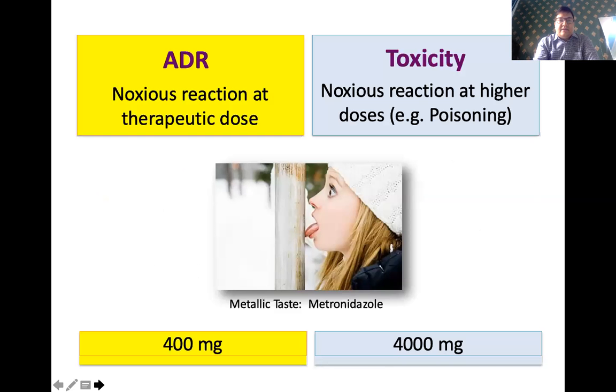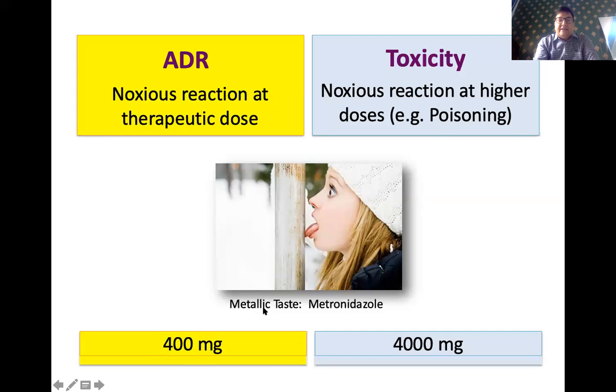So there is a difference between adverse drug reaction and toxicity. ADR occurs at therapeutic dose, while toxicity occurs at a higher dose, such as poisoning. For example, metronidazole causes a metallic taste. The normal therapeutic dose of metronidazole is 400 milligrams.